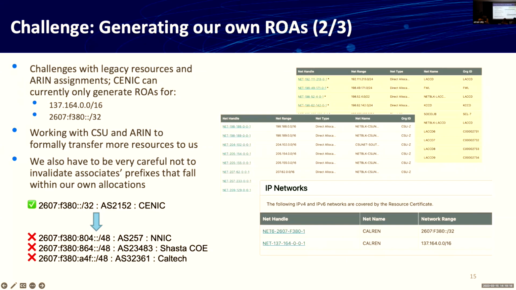And then, of course, we delegate some of our address space to our associates. An example here is we have this /32, but we assign some /48s to various associates within that /32 space. If we created an ROA for that /32, then these /48s advertised by different ASNs would be valid unless they also have ROAs.